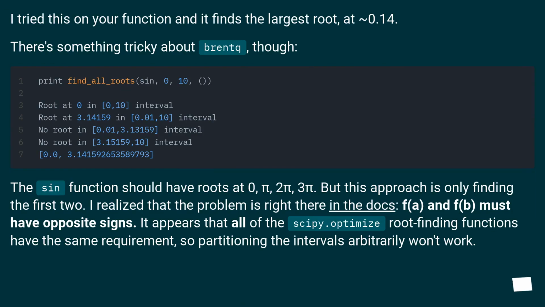I tried this on your function and it finds the largest root, at 0.14.